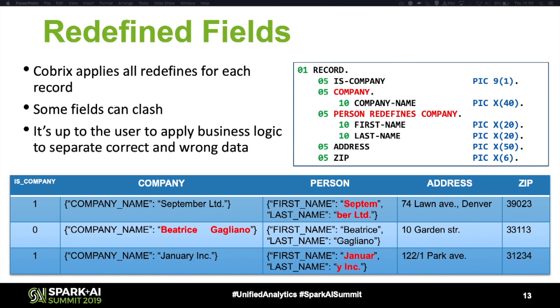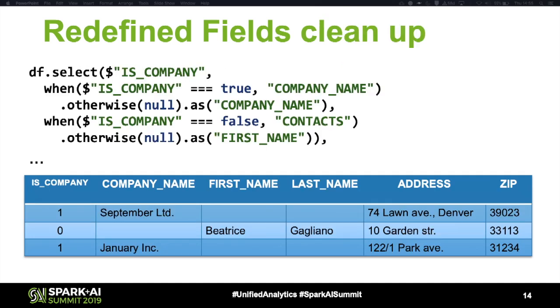In this case, we have this useful Boolean is_company that we could use. You can use very simple Spark code. I won't even stop on this slide very long, just to set nulls for fields that don't make sense for a particular type of record, and leave the field if it can make sense, have semantic meaning.